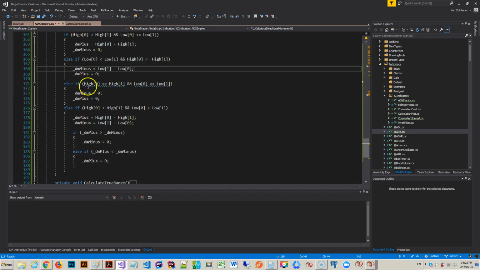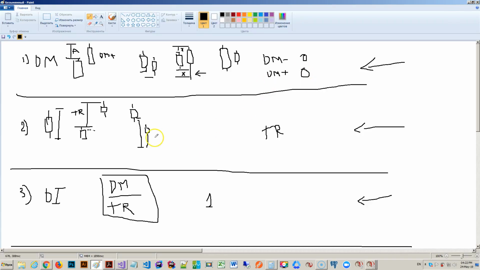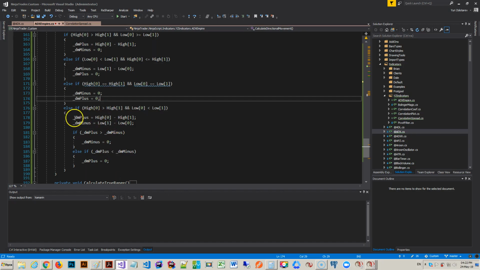Else if they are equal, then they're both 0, and the final one is the outside bar. If the current high is higher than the previous high, and the current low is lower than the previous low, then dm plus equals high 0 minus high 1, and for dm minus we look at which one is bigger.